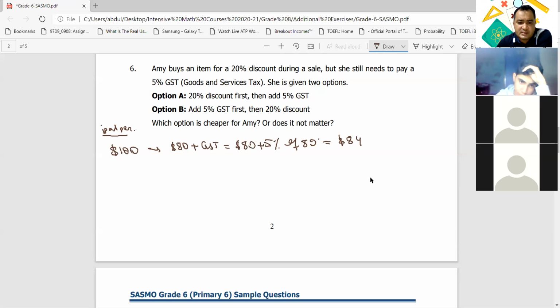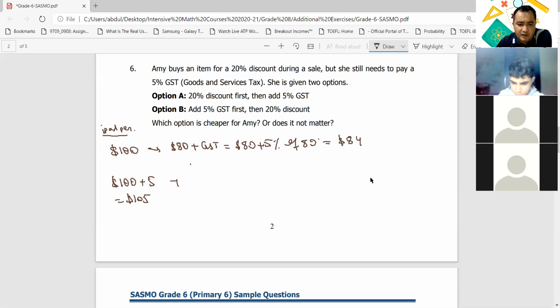And the second option says that first we calculate GST, and after that make a discount. So now we have $100. The second case is, first it is $100 plus GST, this 5%, that is $5. So now the price is $105.